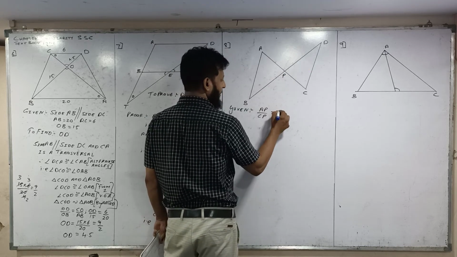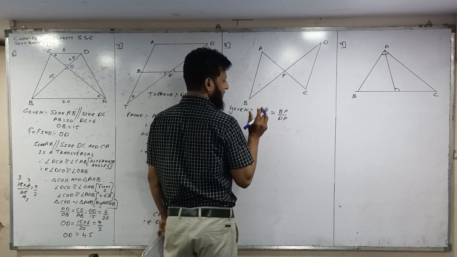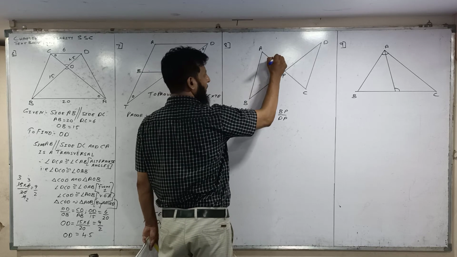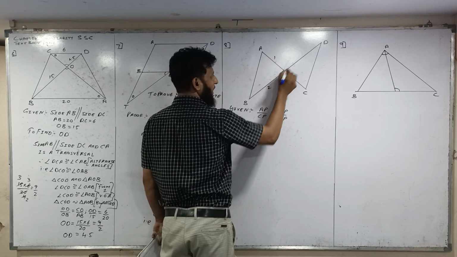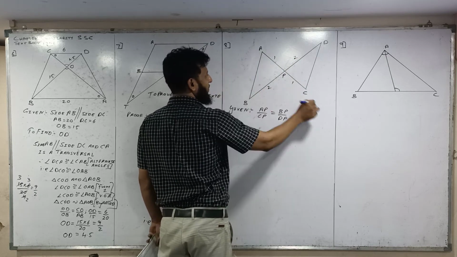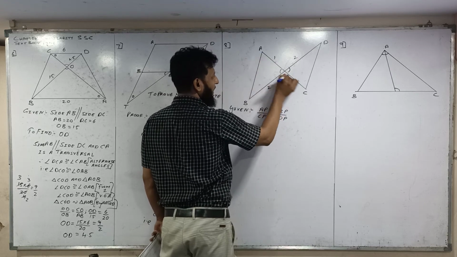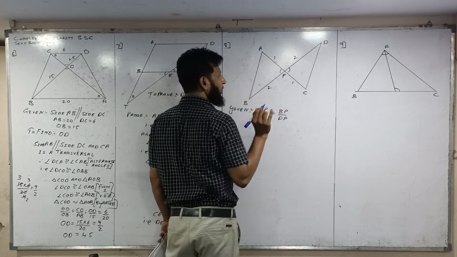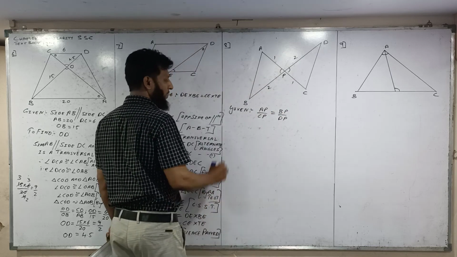I am giving a number, AP 1 and CP 1 proportional, and BP 2 side and DP 2, just to understand. And see, these lines intersect at P, so these angles are vertically opposite. So this line is proportional to this, and this line is proportional to this. Then the triangles are similar by SAS test.